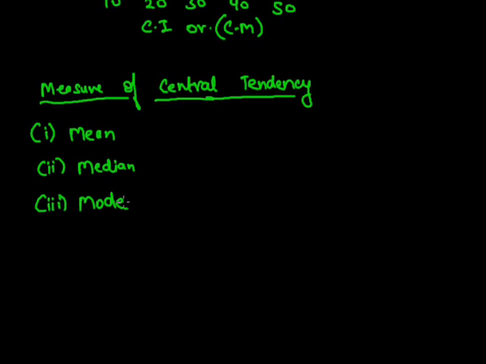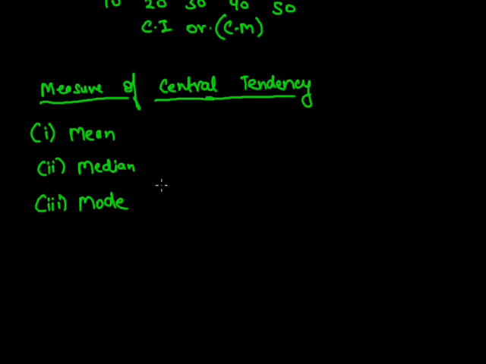But there are certain cases in which we need to find the mean only, and certain cases in which we need to find the median or mode only. So we'll see when to use the median, when to use the mode, and when it is required to find the mean. Mean can be found only when the quantity is given, that is when the numerical data is given.